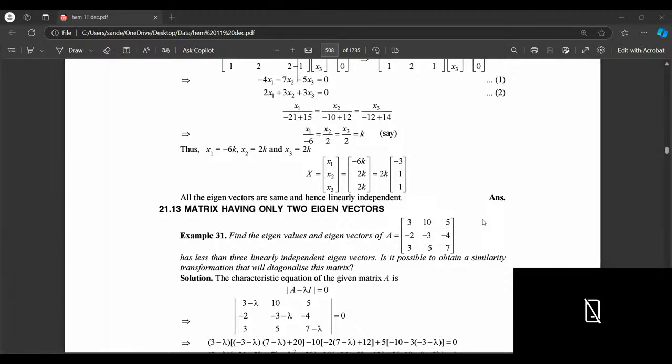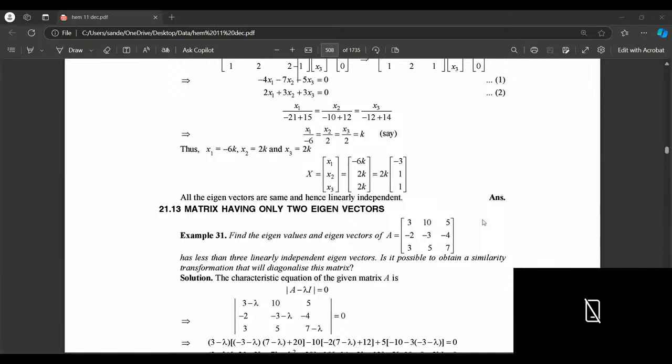Then to find the third eigenvector in case of symmetric matrix with repeated roots, we have to use the orthogonality concept. If the matrix is symmetric, two different eigenvectors are orthogonal. So you choose x3 equal to (l, m, n), the third eigenvector, and the other two vectors x1 and x2 are already there.